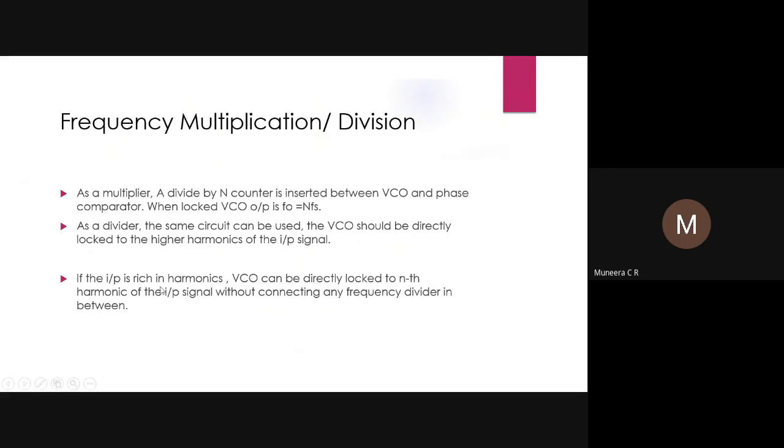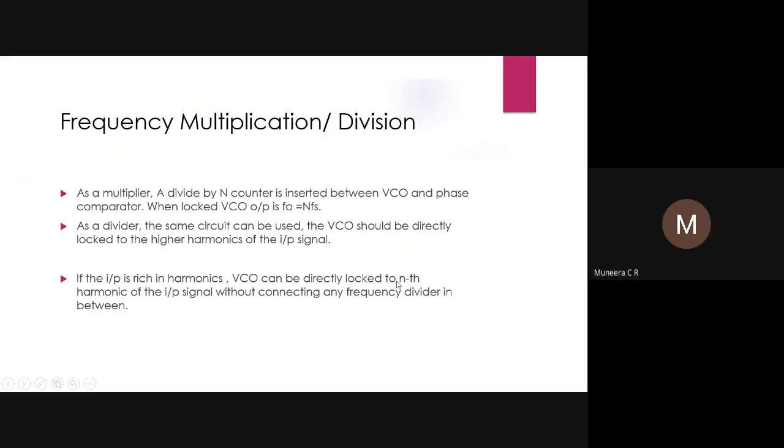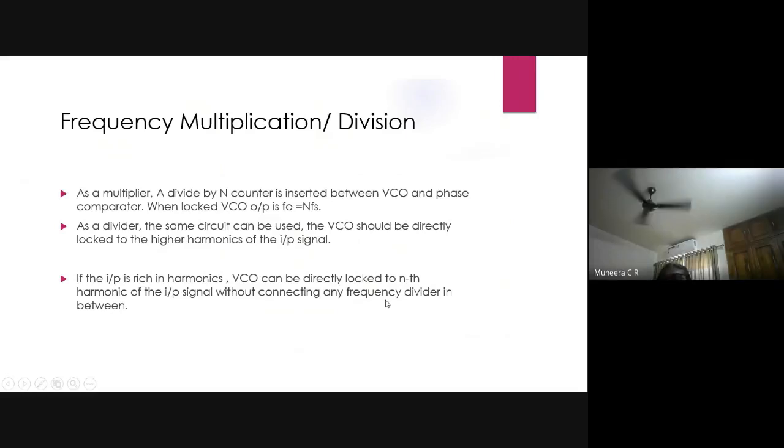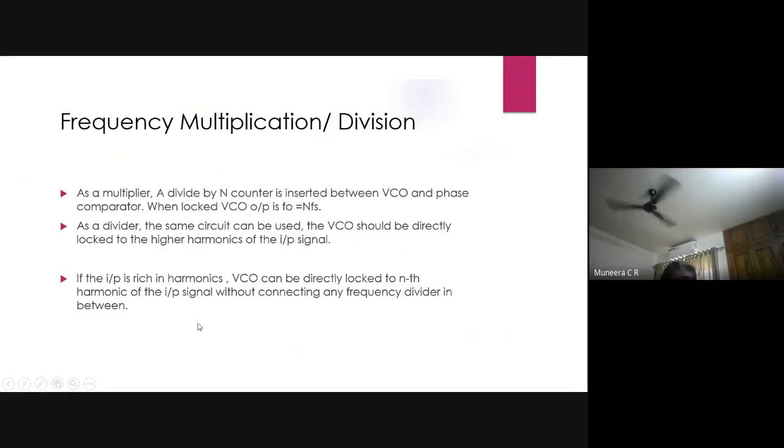So this can be used as a divider or this can be used as a multiplier. Of course, if the input is rich in harmonics, the VCO can be directly locked to the nth harmonic of the input signal without connecting any counter in between. You can tune the VCO to the nth harmonic of the input signal.